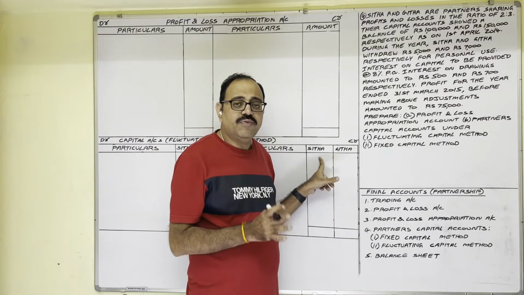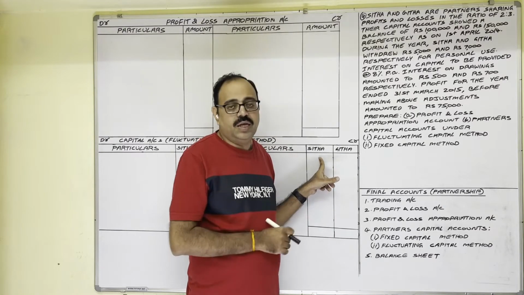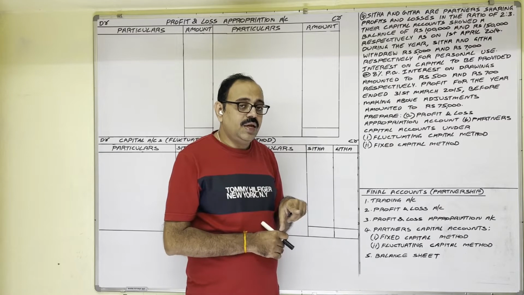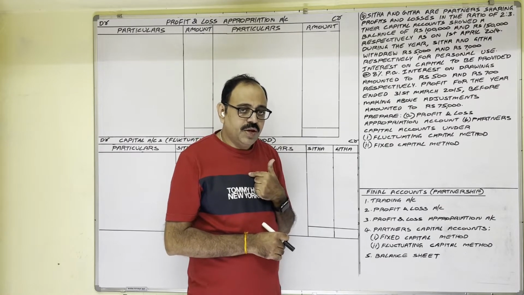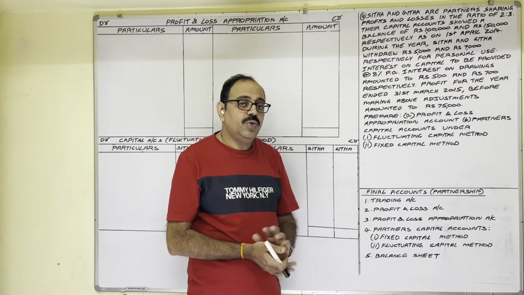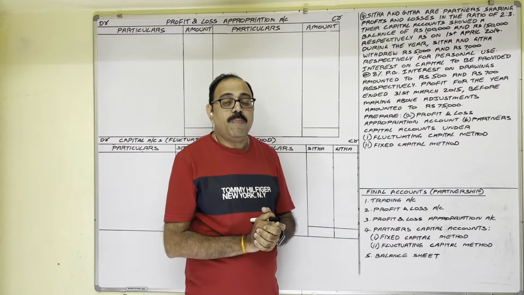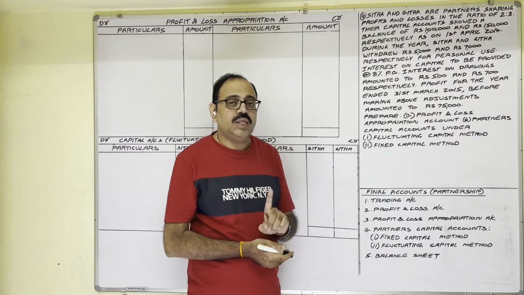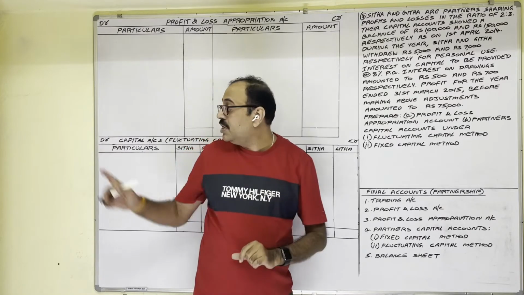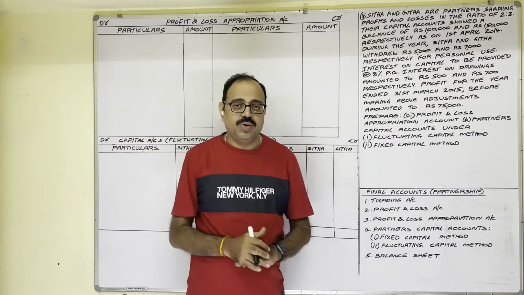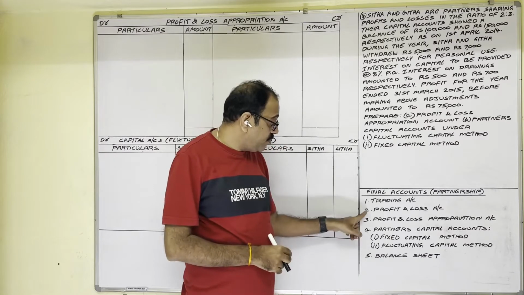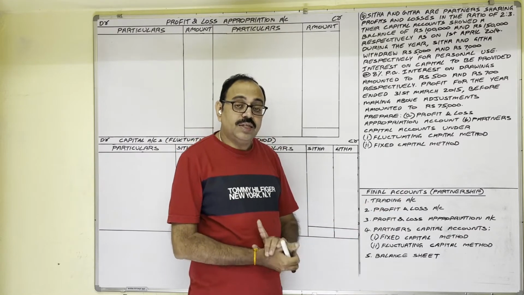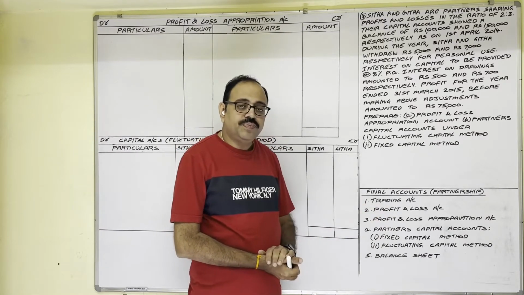To Sita, the firm is paying salary monthly. So this salary is an expenditure to the firm. But to whom are we paying that? To a partner. So this is now a partner related expenditure. Therefore salary to Sita appears on the debit side of the profit and loss appropriation account. We should not show that in the profit and loss account. That is the basic difference between these two.